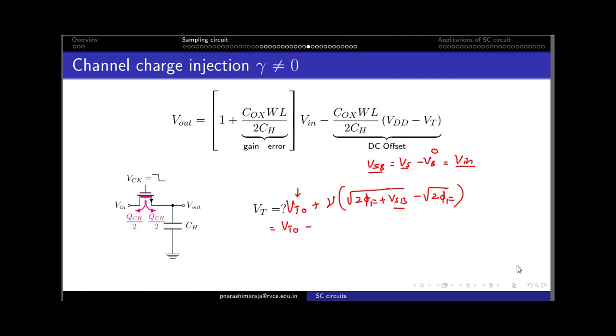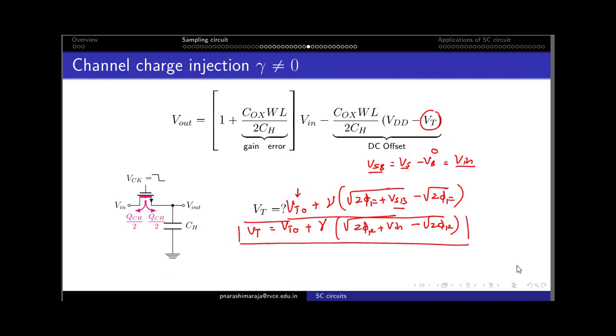Due to this, the new value of the threshold voltage is defined as Vt0 plus gamma times the square root of 2 phi f plus Vn, minus the square root of 2 phi f. Now I want to plug this new value of Vt into the DC offset error, so this term has to be replaced with this new term.